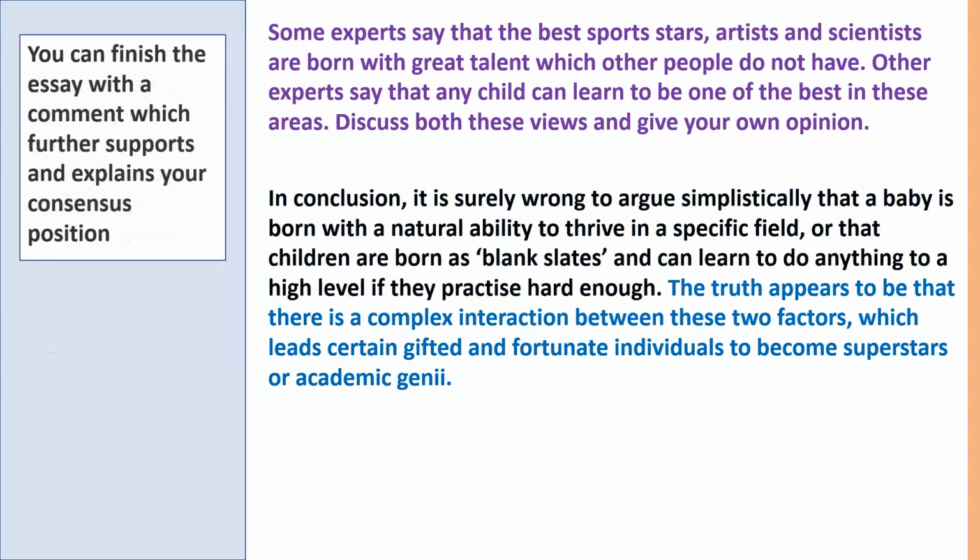And you can finish with a comment which further supports and explains your position. We could also put a wish or a hope in here, or a prediction, but that looks like quite a long conclusion already, so we probably don't need anything else.